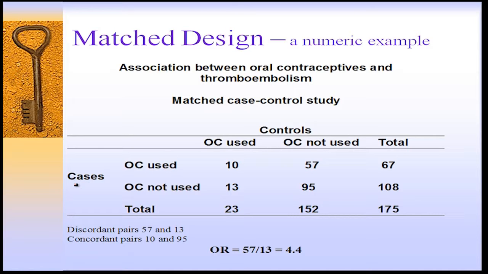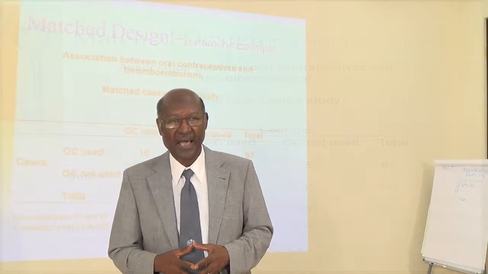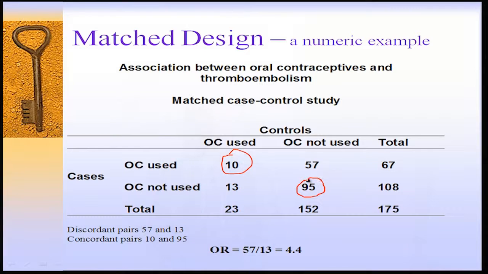Here we have 10 pairs in which the control and the case both used oral contraception, and 95 pairs in which both the control and the case did not use contraception. These are the concordant pairs, and therefore they will not be used in the calculation of the odds ratio.